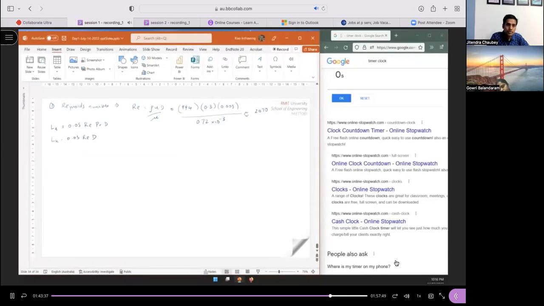So both of them need to be fully developed, or we need to see which one is the shorter one. And because our Prandtl number is 0.7, we're going to work with the thermal boundary layer. That's when it starts to become fully developed.